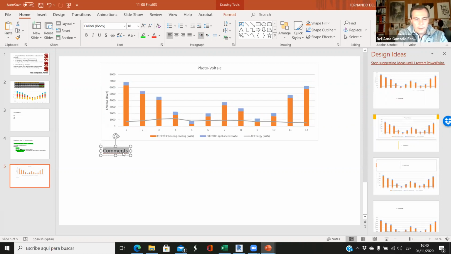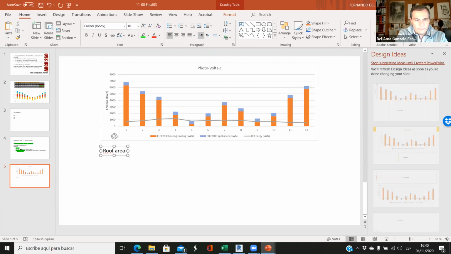Data is, I have used only the roof area, let's say 1000 square feet. This is, let's say 50 panels. Each panel 185 watts. It's times, not divided by.